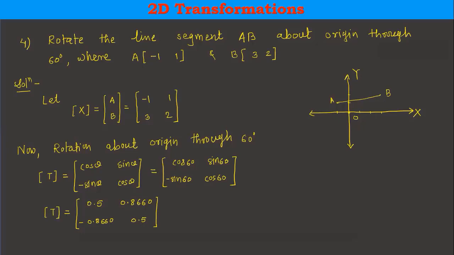Right. Now once you have got the transformation matrix, what is the next process? Next, we have to apply this transformation on the given position matrix X. Okay, so I'll write it here: apply T on X. So what is our formula?